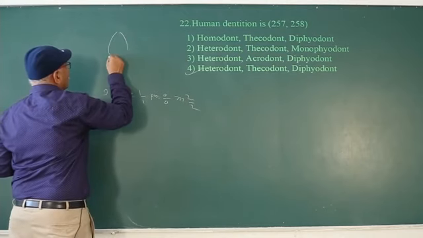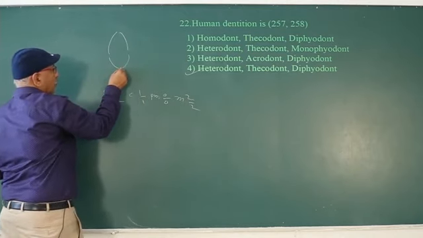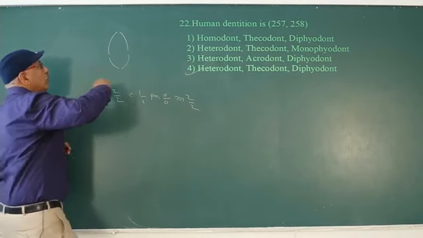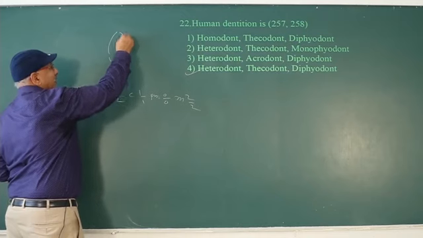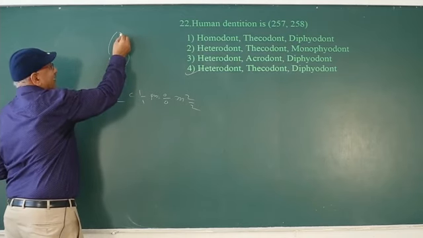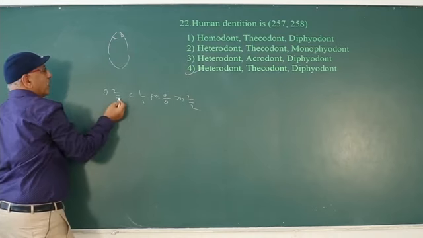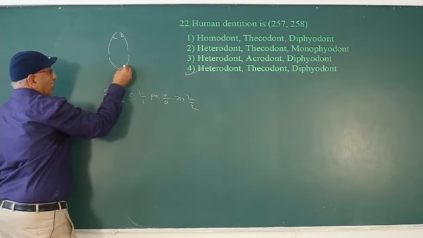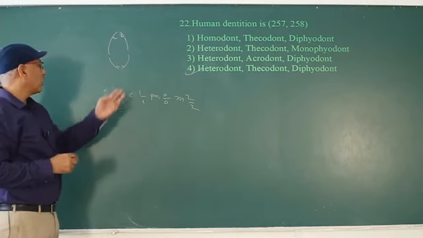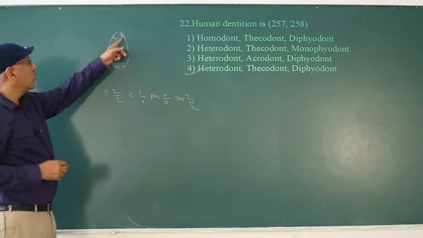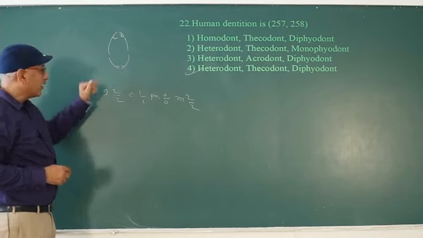Upper jaw has 2 halves, lower jaw 2 halves. So in this half 2 incisors, here 2 incisors. Similarly, the denominator indicates the number of teeth in each half of the lower jaw, 2. So total number of incisors 8: 2 plus 2 is 4, 2 plus 2 is 4, 8.